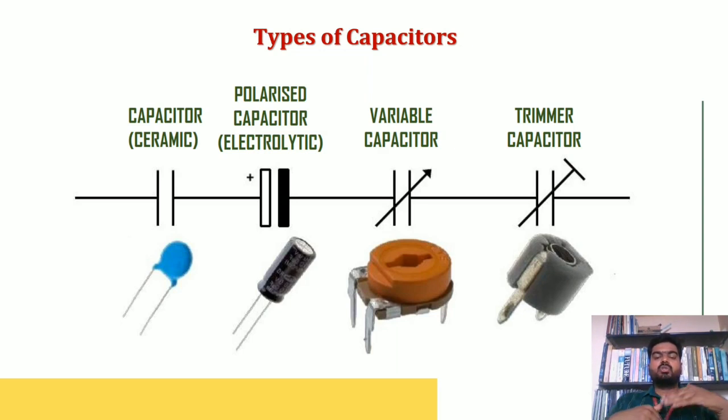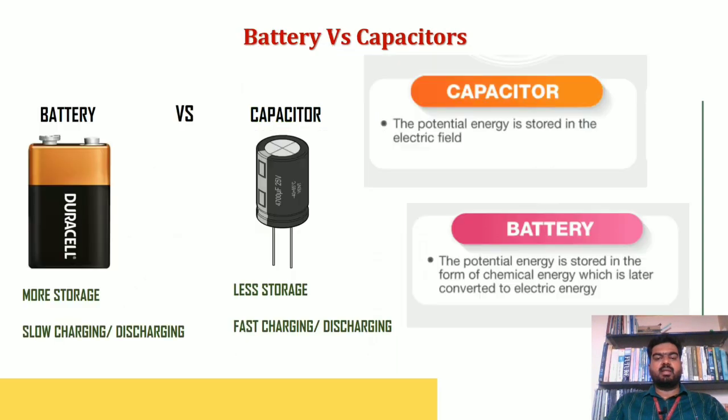Once you pass the input, the charges accumulate on both plates, which creates a field called the electric field. That shows some energy, and that is what we mean by storing energy. These are various types of capacitors: ceramic capacitor, electrolytic capacitor, variable capacitor, trimmer capacitor, and so on.